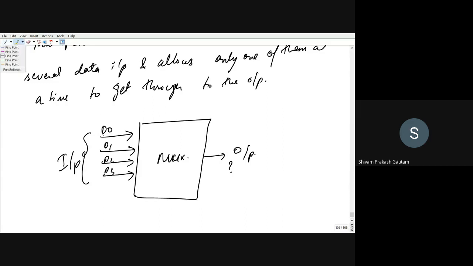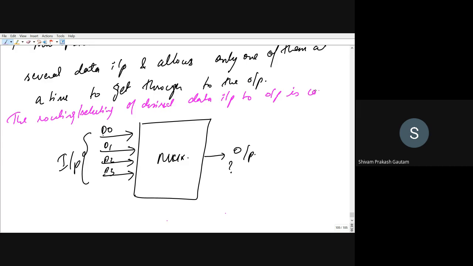So the routing or selecting of the desired data input to the output is controlled by the select input.